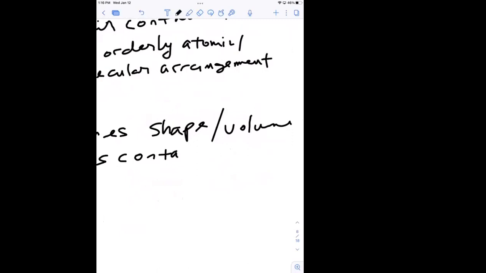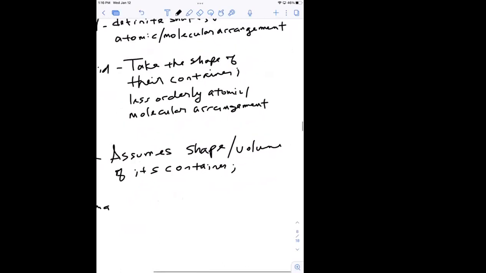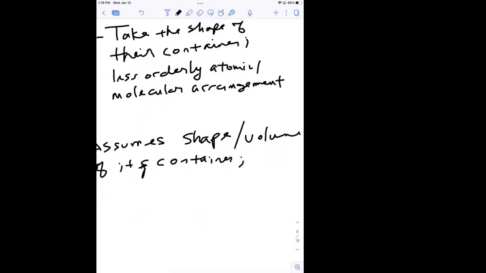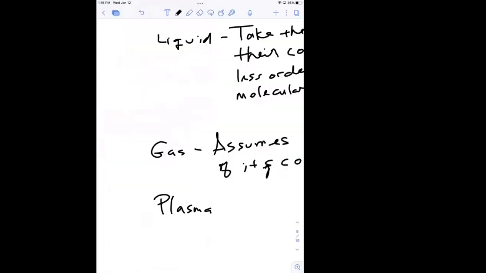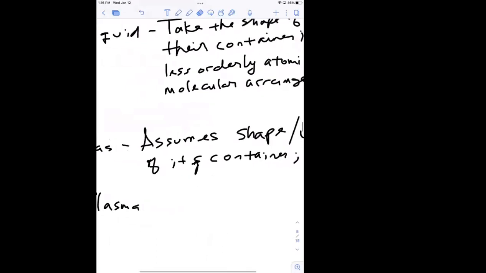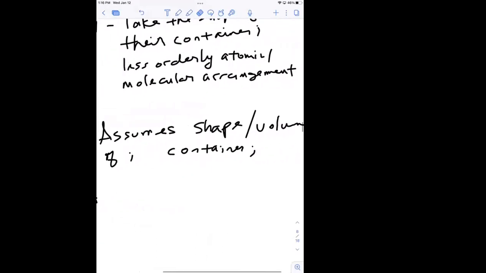What do we know about gases as far as the distance between the atoms or molecules that make them up? Spaced out. They're spread out. Yeah, very spread out, right?